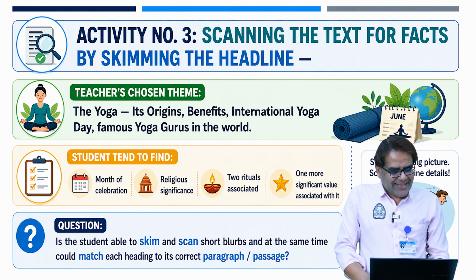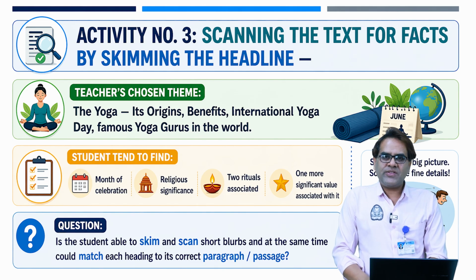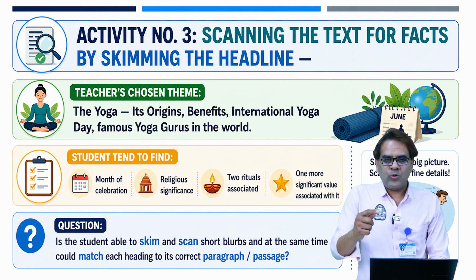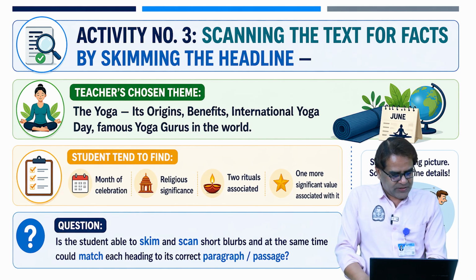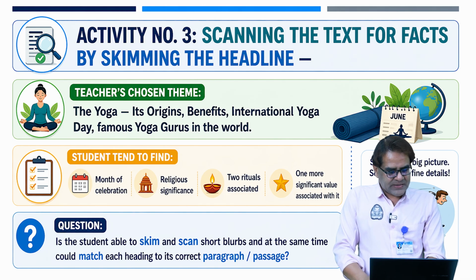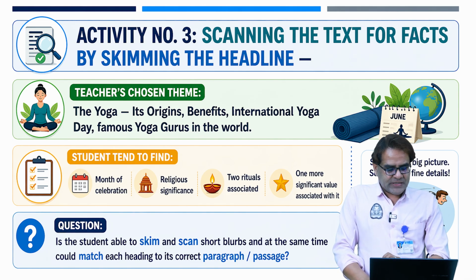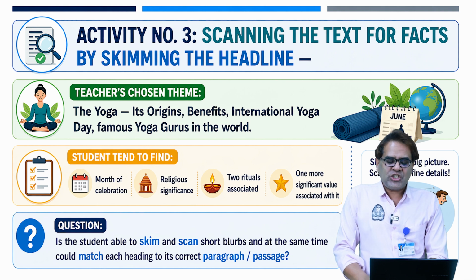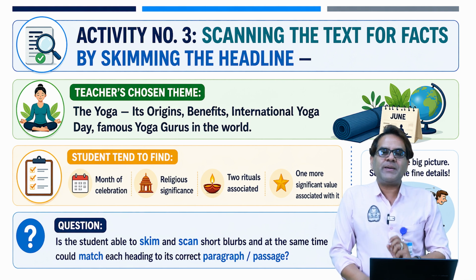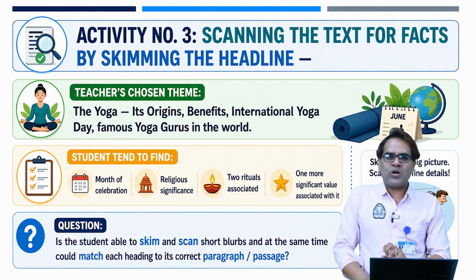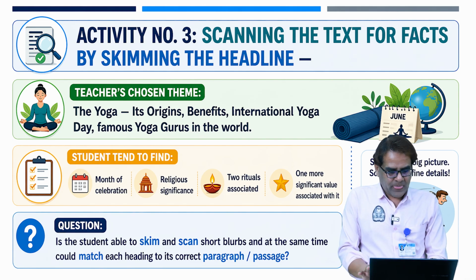And secondly, the student tends to find the month of celebration, religious significance, ritual association, or one of the more significant values associated with the topic shared at the top. So the question arises: is the student able to skim and scan short blurbs and match each heading to its correct passage or paragraph or not? That's what is most important.